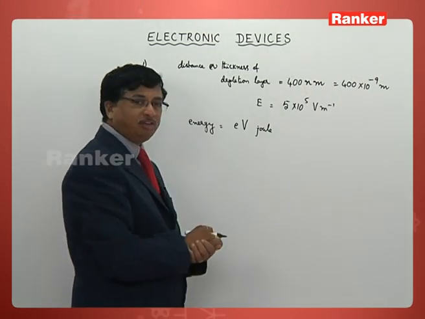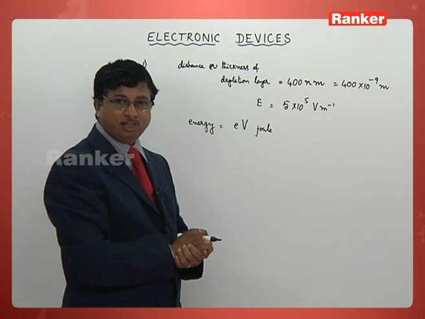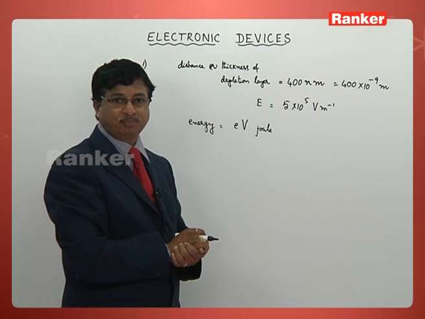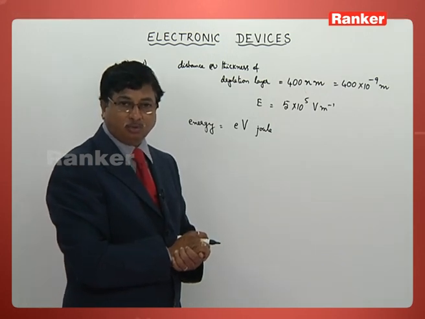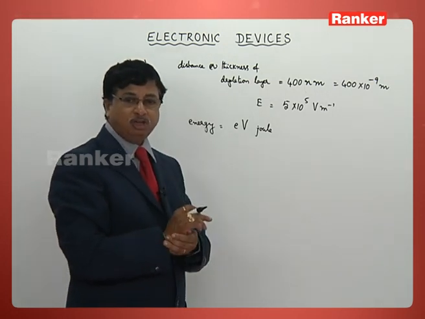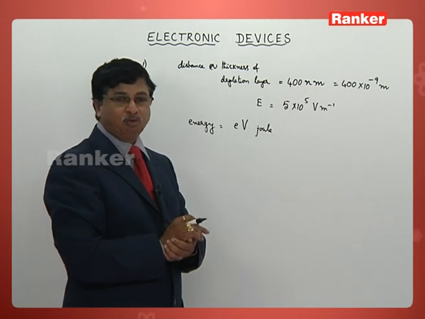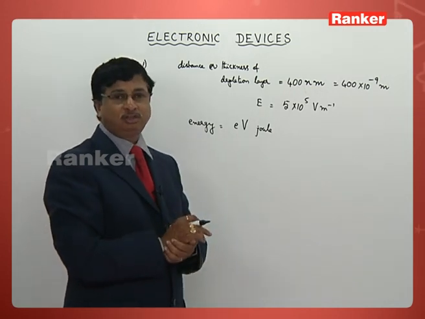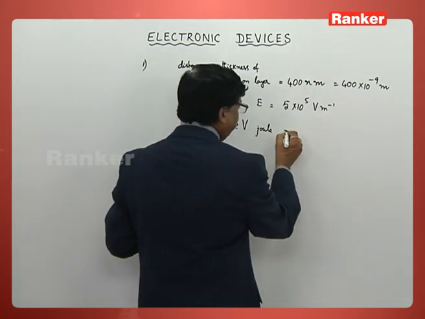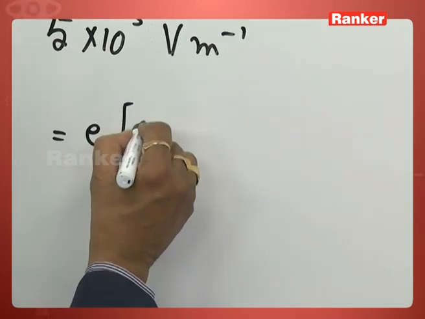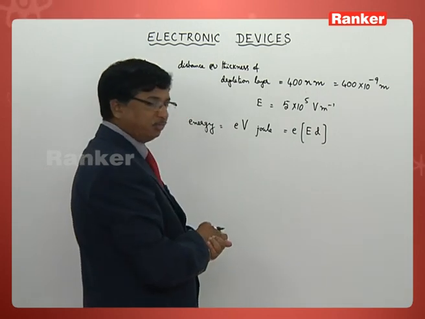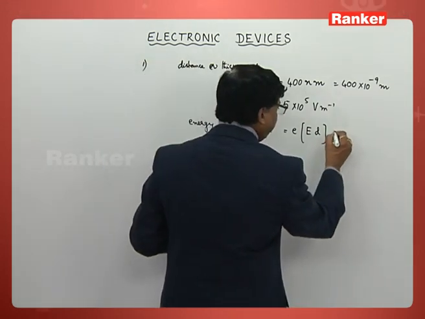If E is the charge on the electron which is being diffused there, and V is the potential difference across that particular region, then EV joule will give us the total energy, or the minimum amount of energy, this electron is going to have while being diffused across that particular layer. So you can now write E times V as E into D. These many joule we will be getting.